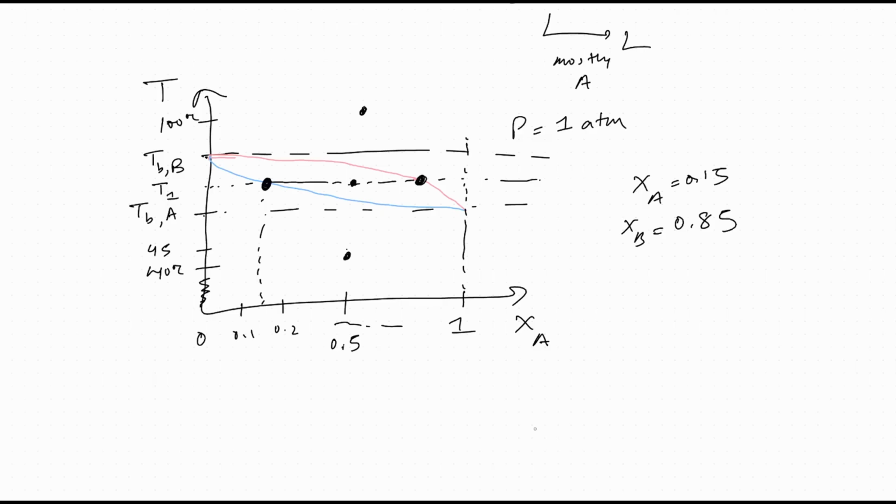So the liquid phase is B rich. In the vapor phase, we go down and okay, maybe we say that's 0.75. So now we have, sorry, we typically use X for liquid and Y for vapor.